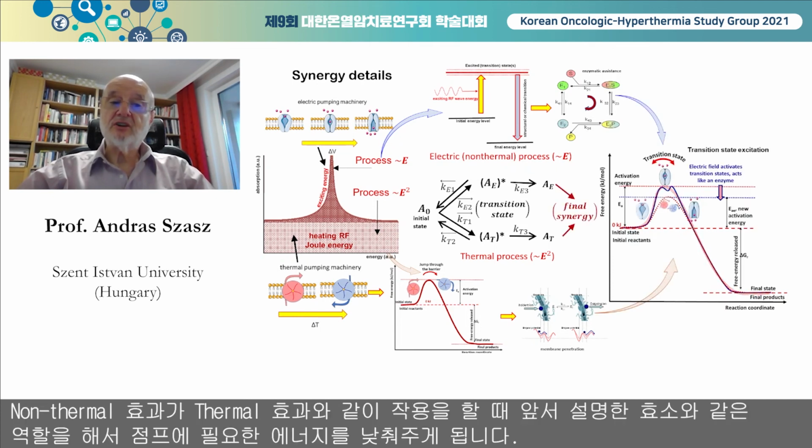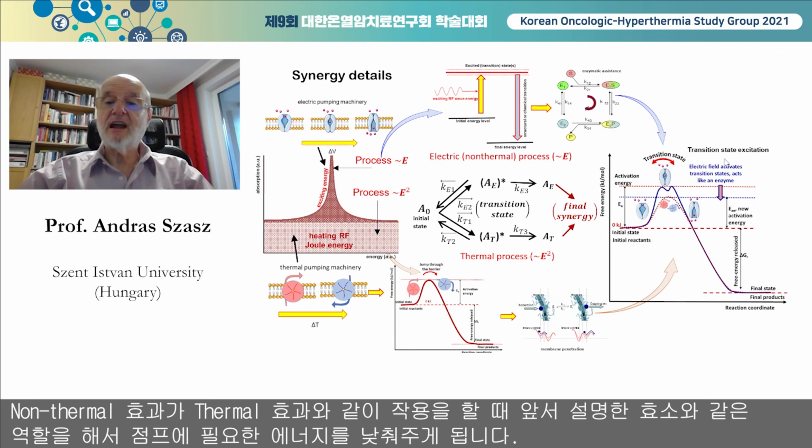In the synergy of the two effects which we have, the non-thermal and the thermal, the non-thermal effect works like an enzyme, helping the transition state to lower this jump energy, and then the jumping is easier.